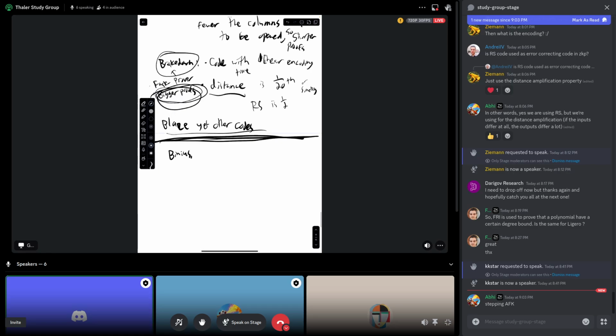Okay, so there's the question, what if I want to commit, let's say, just to bits, so say a ton of values, very, very many values, but all of them are in {0, 1}?